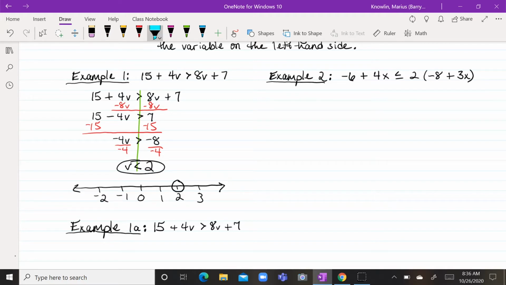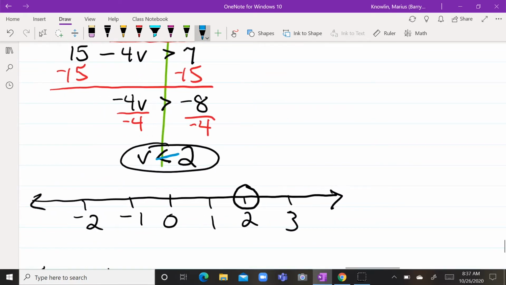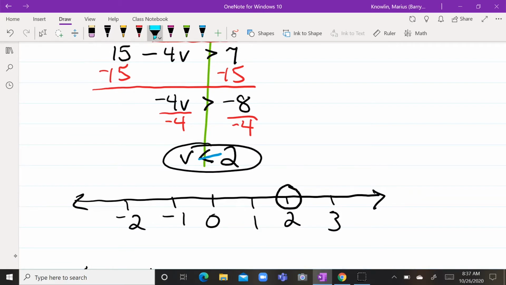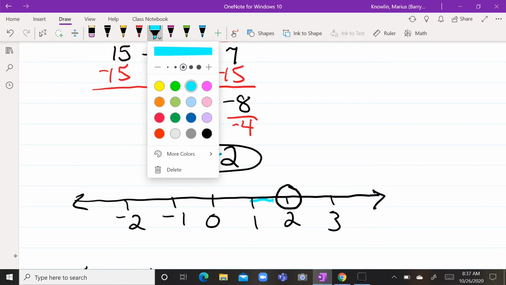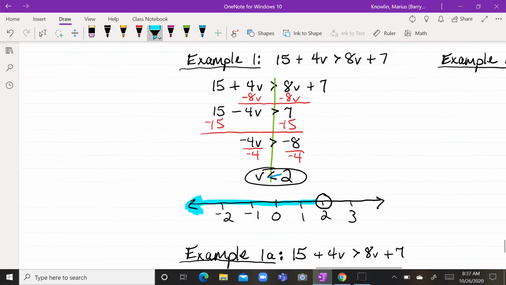And then I do my shading. If we want to know which way to shade, if I draw an arrow like that, it's telling me to shade to the left. I'm going to shade everything to the left, including the arrow. Okay, and that's how you do the shading.